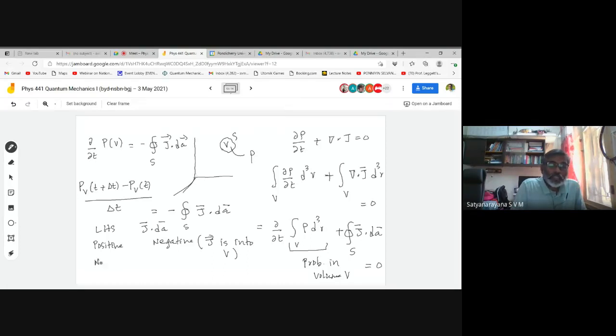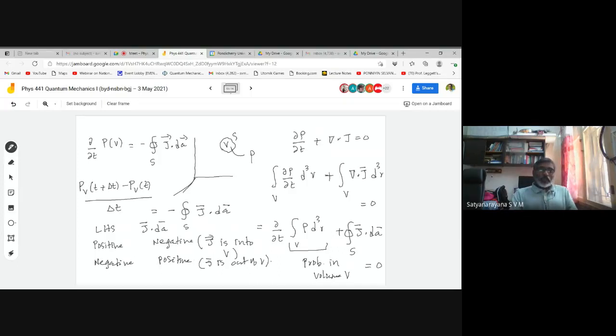Now, if this is negative, that means if probability is decreasing, then j dot dA is positive. That means probability is going out from the volume V. So j is out of V. This is how the probability actually changes from one region to the other region. It's not that it will disappear here and appear somewhere else, but this flow is continuous.